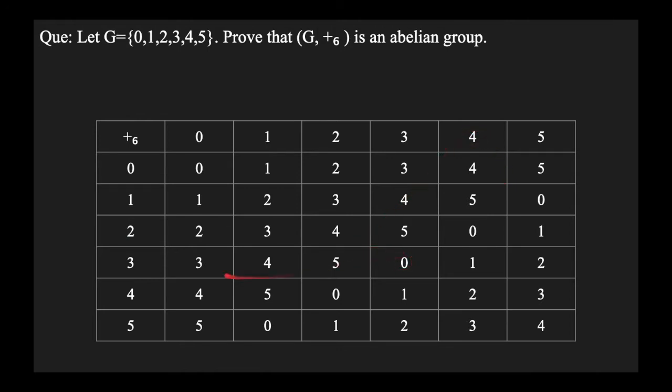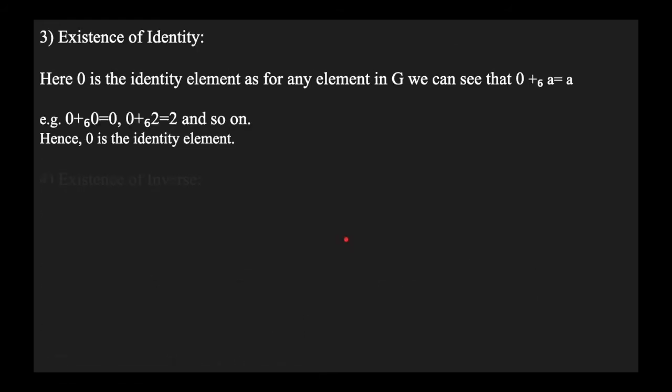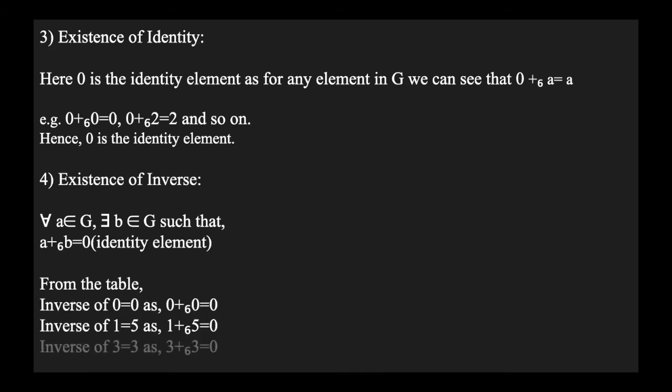Here 0 is, so the inverse of 3 is 3. Here 0, so the inverse of 4 is 2, and here the inverse of 5 is 1. In the same way, the inverse exists for each and every element.